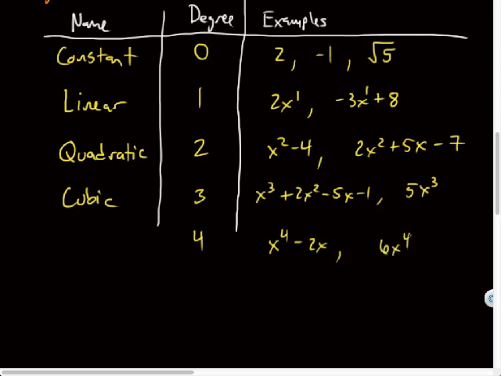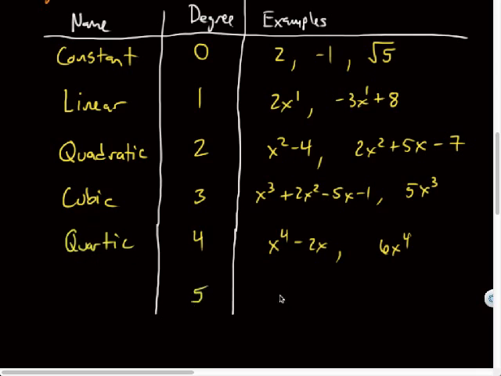For a fourth degree, you would have thought this would have been called a quadratic, although it's called a quartic. And you could think like a quart, 4 quarts in a gallon, or a quarter, 4 quarters in a dollar. So yeah, quarter, you can think about that.